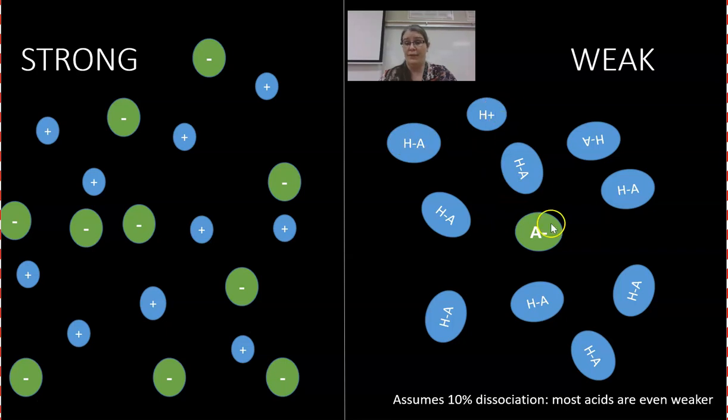Only just one of them broke up to give me H+ and A-. So there are many fewer ions in solution. The conductivity will be much lower. And since there's fewer H+, and if we think about our Z diagram, fewer H+ means that our pH is actually going to be higher. Even for the same molarity, a weak acid will have a higher pH than a strong acid. And you can think about these diagrams when you think about why.